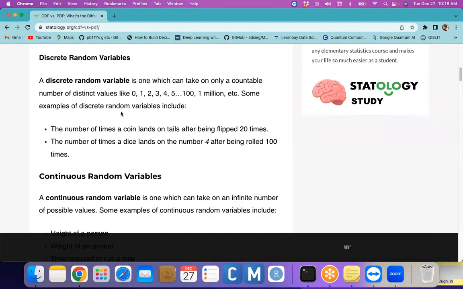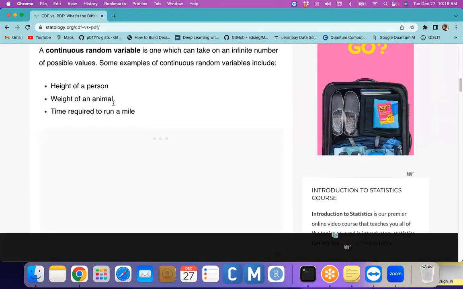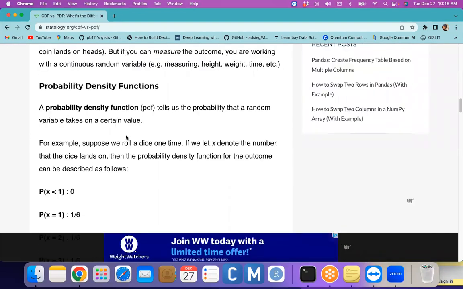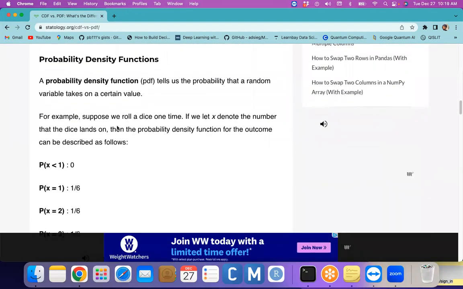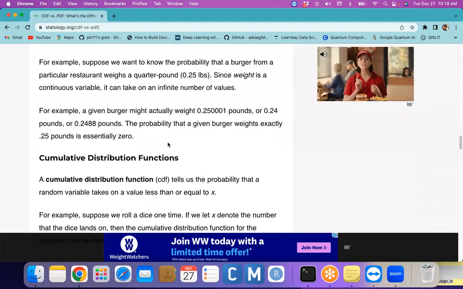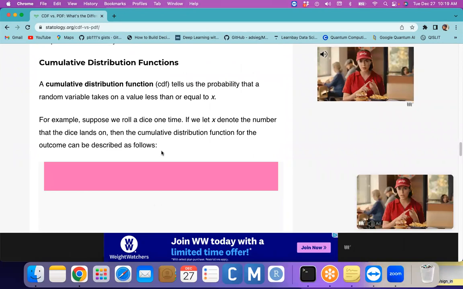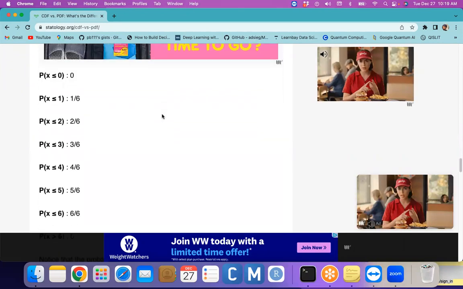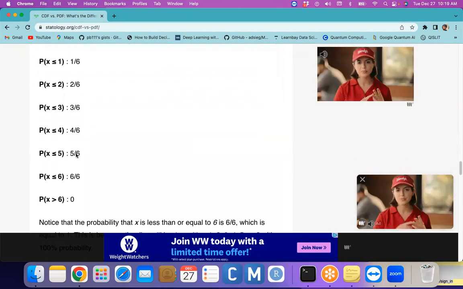So this we already explained about discrete random variables, continuous random variables, probability density function, and cumulative distribution functions. This is CDF, cumulative distribution function for the discrete values.